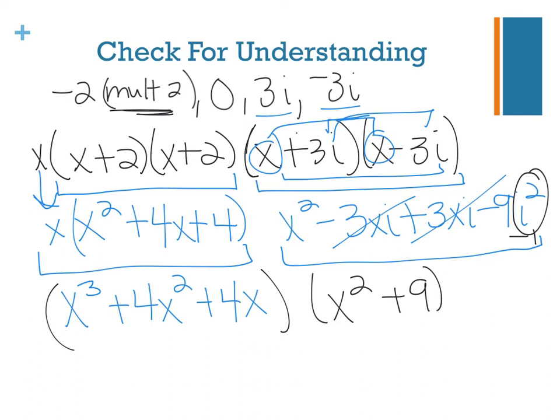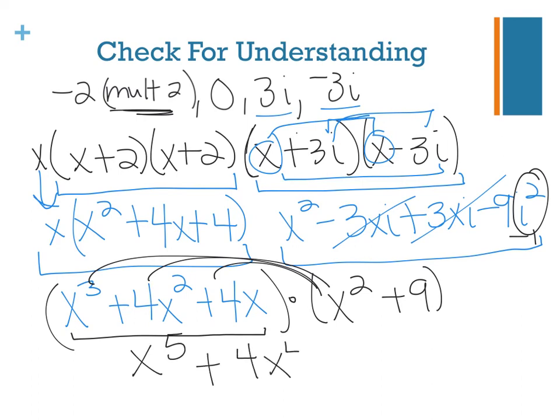And when I multiply that by x cubed plus 4x squared plus 4x, I'm going to start by distributing the x squared to everything and get x to the 5th plus 4x to the 4th plus 4x cubed. I meant to say x cubed here. 4x times x squared is 4x cubed.